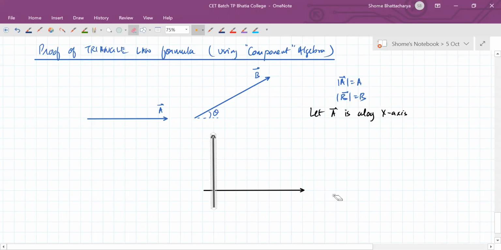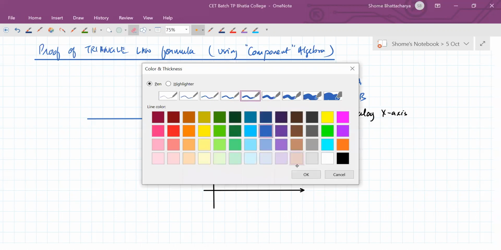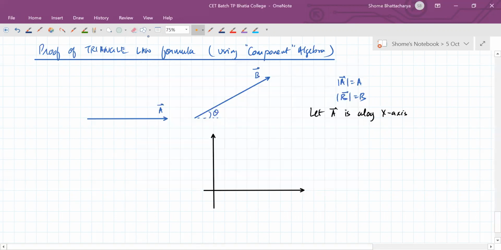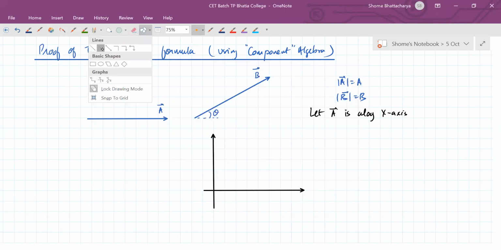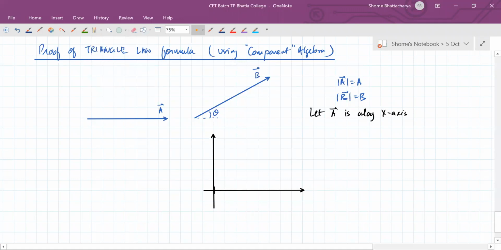So in this xy system, I'll now have to define my vector A along the x-axis, so it will be like this, and I'll have to define my vector B, whatever it was, doesn't matter, like this, and A like this.